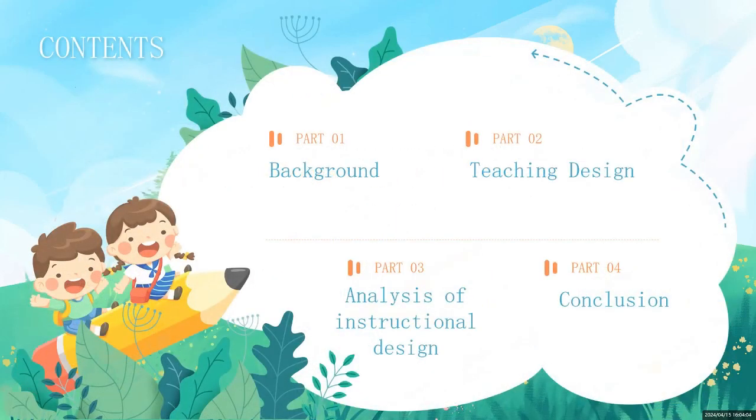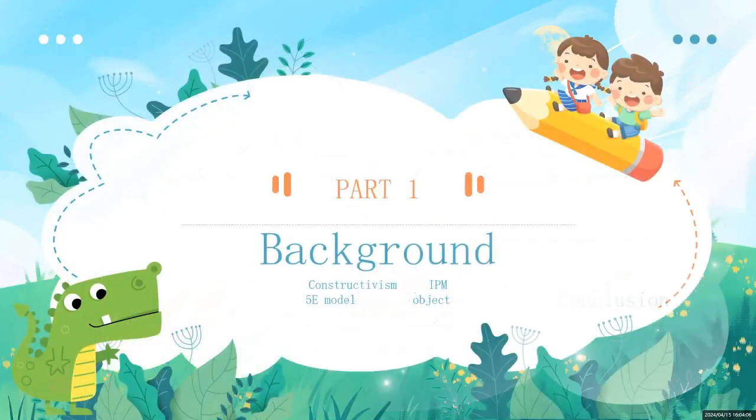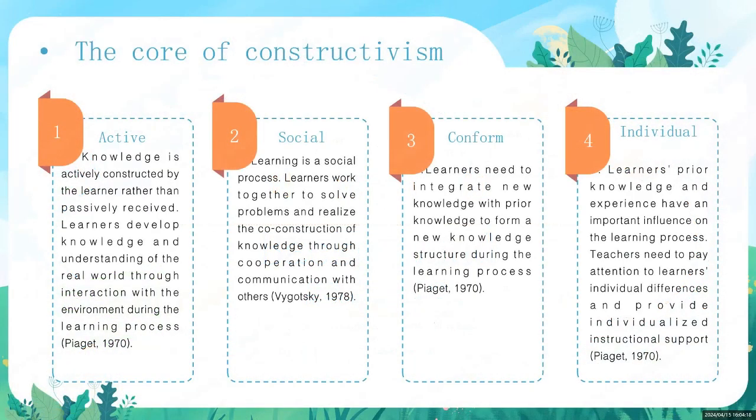We chose constructivism as our foundational educational theory and implemented it using the 5E model, with IPM to assist. Next, let's have a quick review of constructivism. First, active. During the learning process, learners actively construct knowledge rather than passively receiving it.